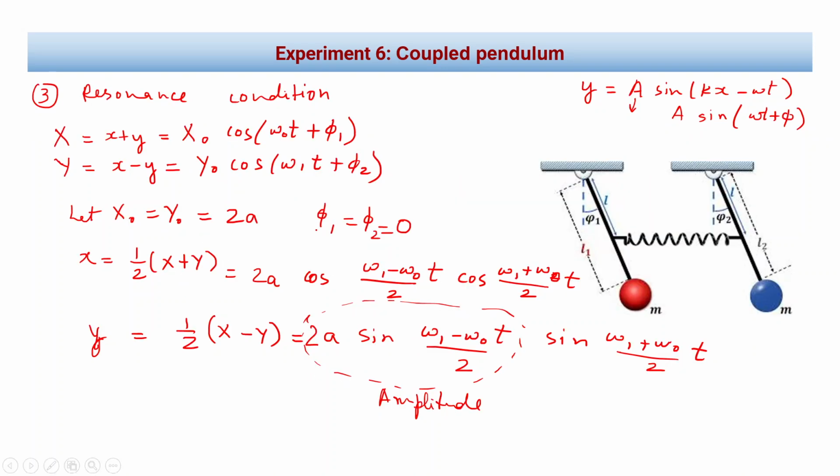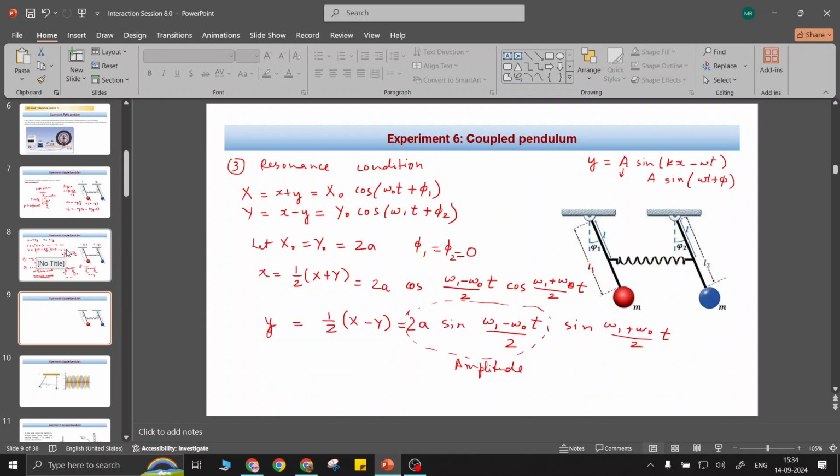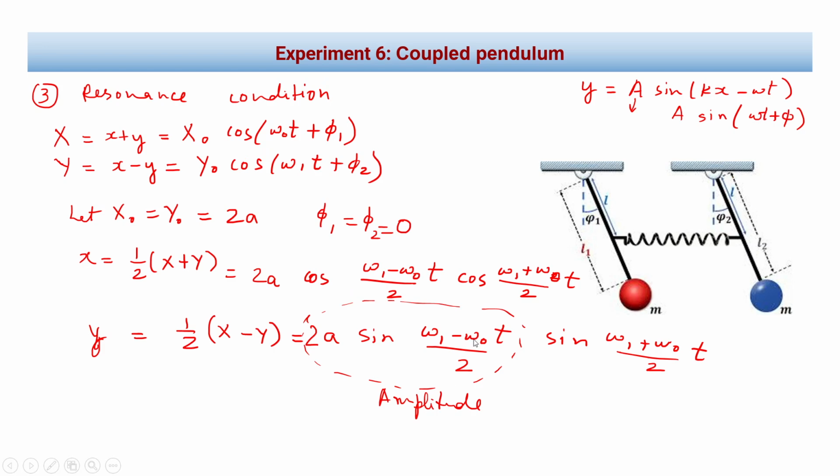We get from here this omega 1 minus omega naught by 2 that we saw, which is making the amplitude oscillate.